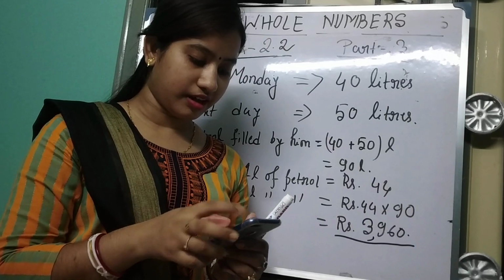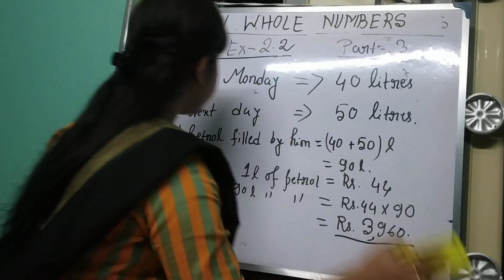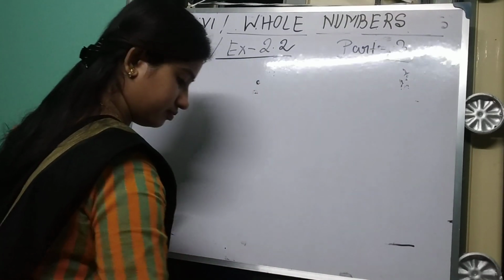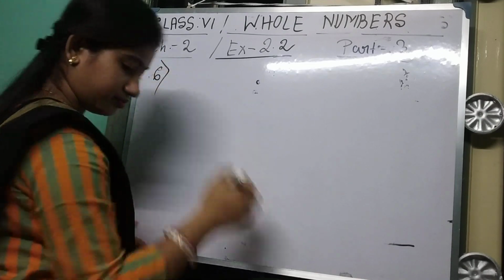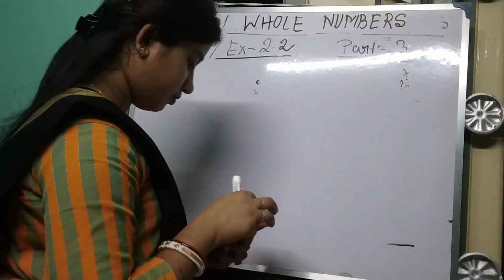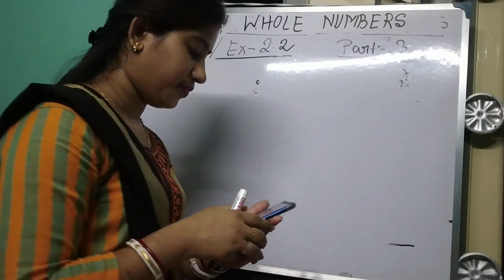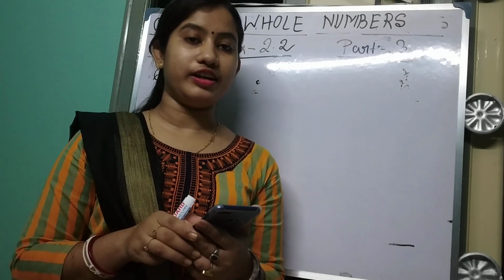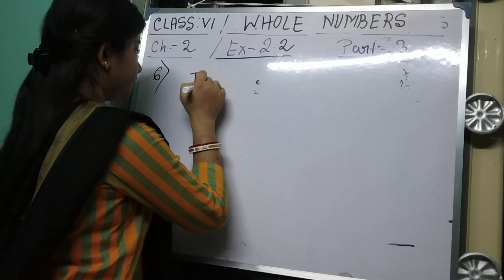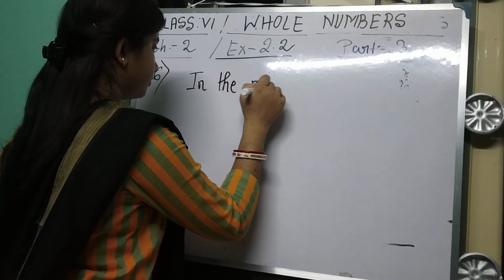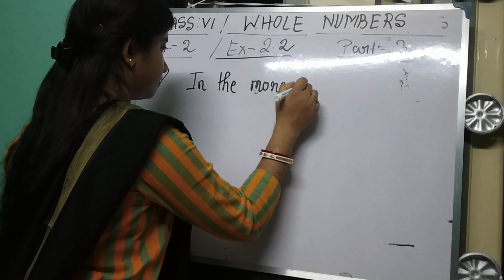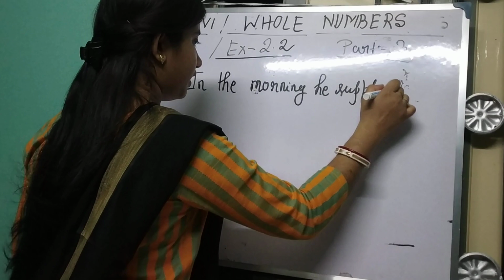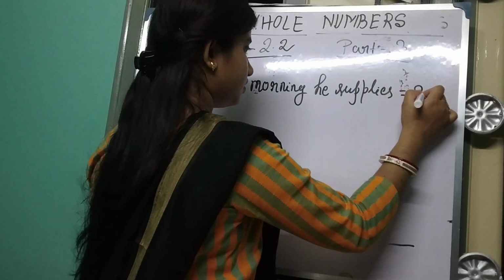Now next, number 6. It says a vendor supplies 32 liters of milk to a hotel in the morning. So in the morning he supplies 32 liters of milk.